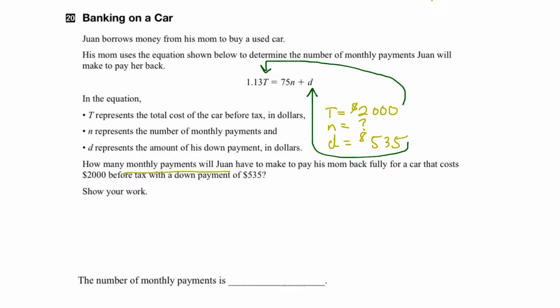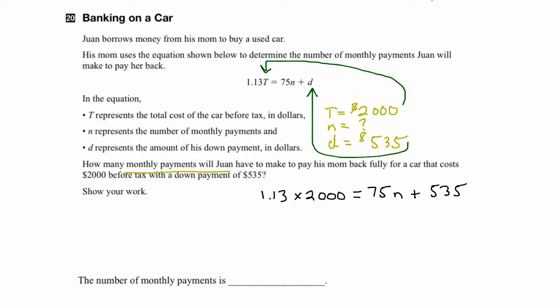All right, so let's work that out. So I've got 1.13 times T, which is 2,000, equals 75 times N, we don't know what N is yet, plus 535.